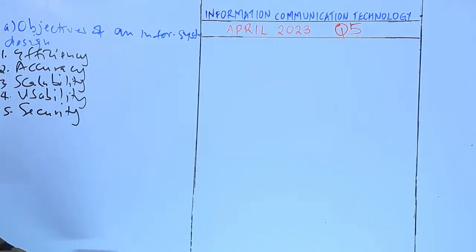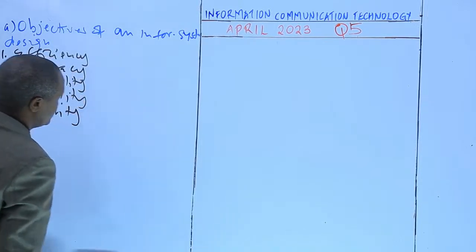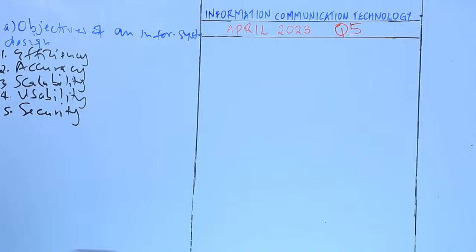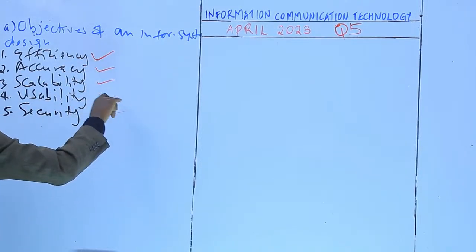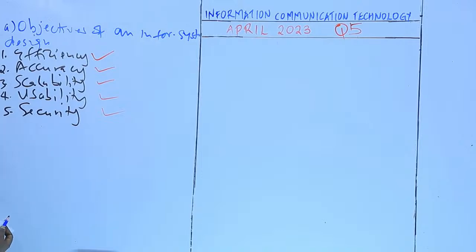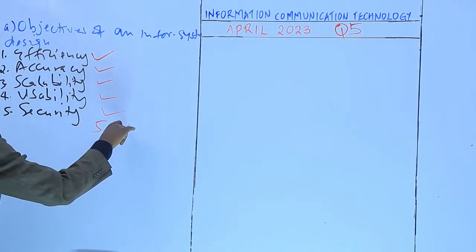So these are 5 objectives of an information system design: efficiency, accuracy, scalability, usability, and security. 5 objectives, 5 marks.